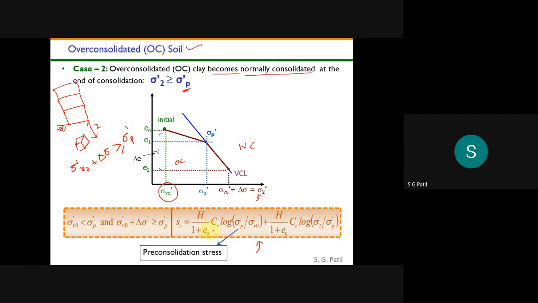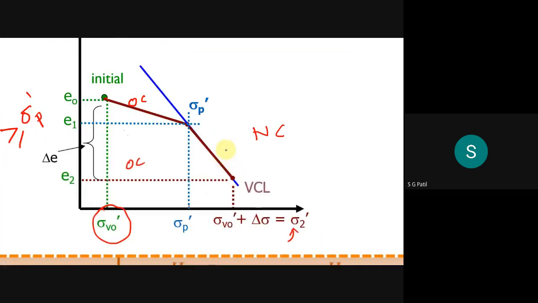So that's why I have to use this. Now see, my soil experienced both regions. My soil has experienced this NC region and also the OC region. This is my OC region, and this is my NC region.